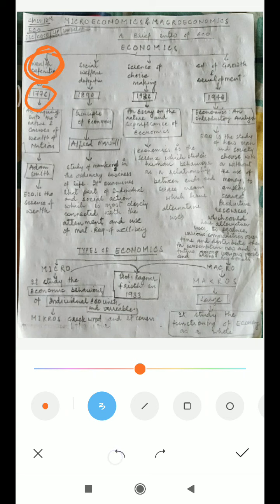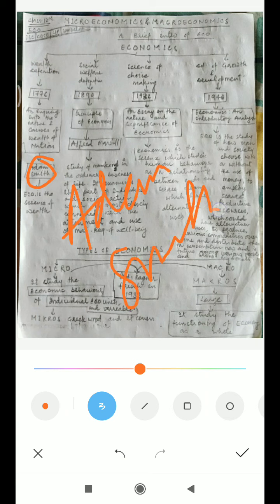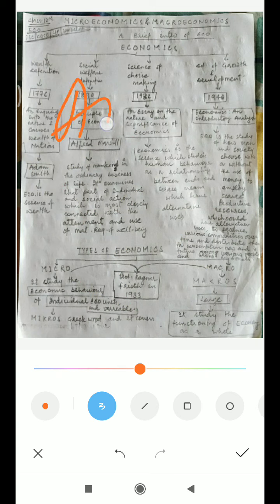the economist was Adam Smith. Adam Smith wrote a book named An Inquiry into the Nature and Causes of the Wealth of Nations.